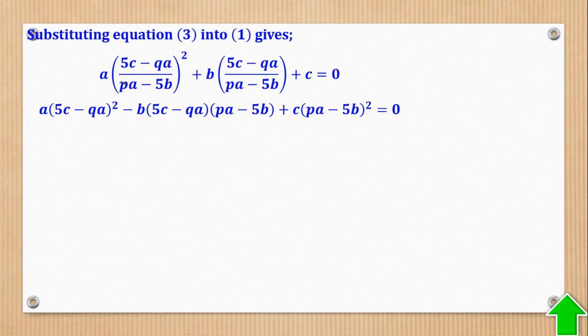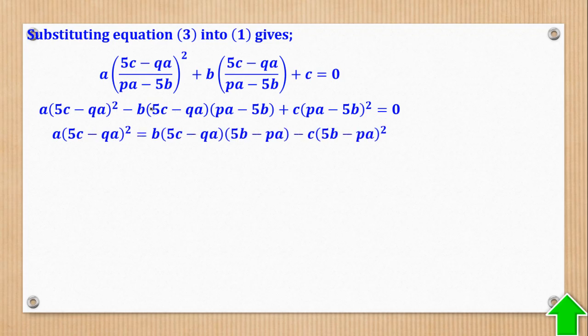Then expand, cross multiply. So this one is a squared. So multiply by this, it means one of them goes away. You remain with this, and with this, the whole of the square remains. Then here what I've done, I've taken these two terms this side. This one goes this side to become positive, this goes this side to become negative.